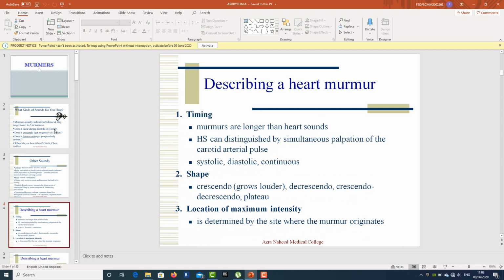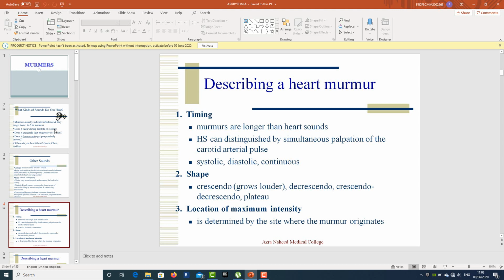Now, how are we going to describe a heart murmur? The timing: murmurs are longer than the heart sounds. The heart sounds can be distinguished by simultaneous palpation of the carotid arterial pulse. Either they are systolic or diastolic or continuous.